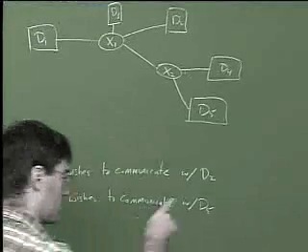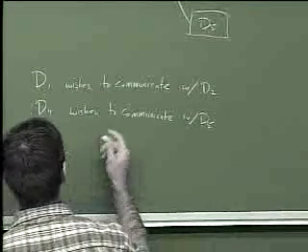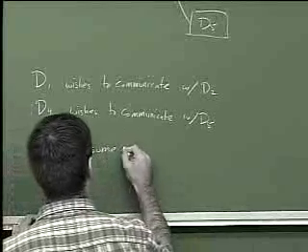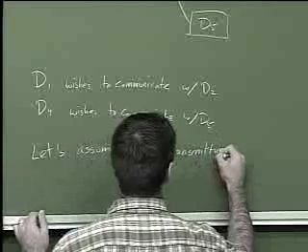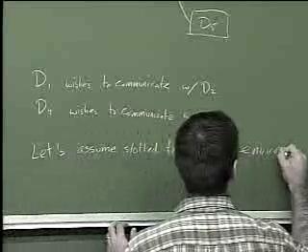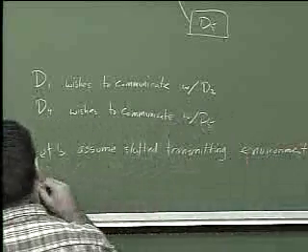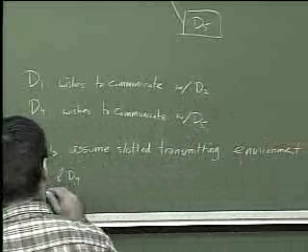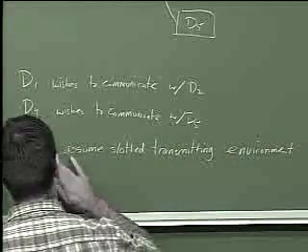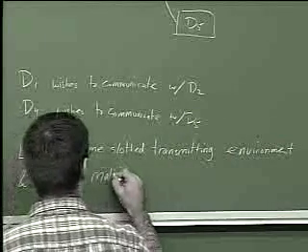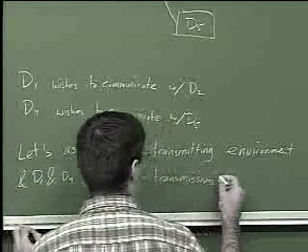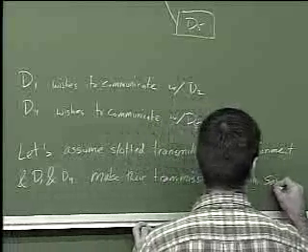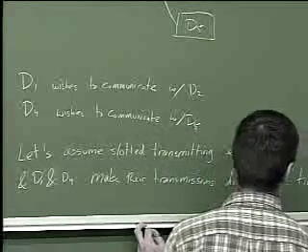Let's assume the slotted transmitting environment, and D1 and D4 make their transmissions during the same time block.